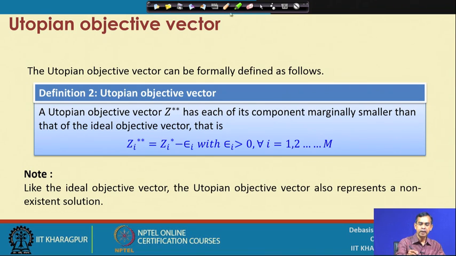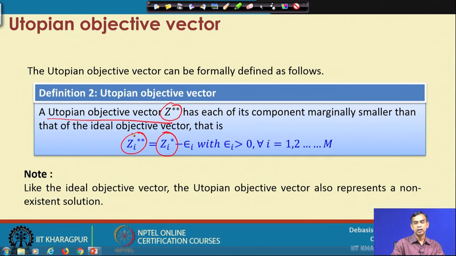Now, let us define what the Utopian solution is. A Utopian objective vector, which we denote as z star star, has each of its components marginally smaller than that of the ideal objective vector. So, if z1 star is the ideal objective vector, then z1 star star will be far better than the ideal objective vector.